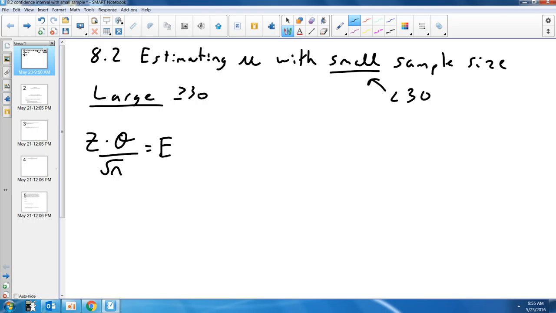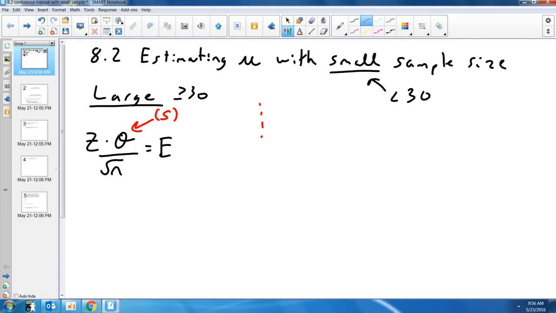And this value here is the standard deviation for the sample size. So you could write it as S, but I think it just makes it a little bit easier if you just continue to write it as your little sigma.